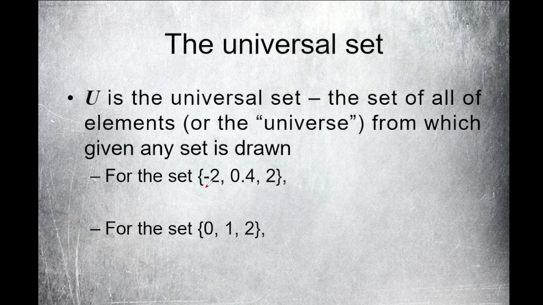For this set, we can say that the universal set can be the set of real numbers, and for this one we can say that it can be the set of real numbers, the set of natural numbers, the set of integers, or the set of integers greater than or equal to 0. Okay, multiple possibilities are there.